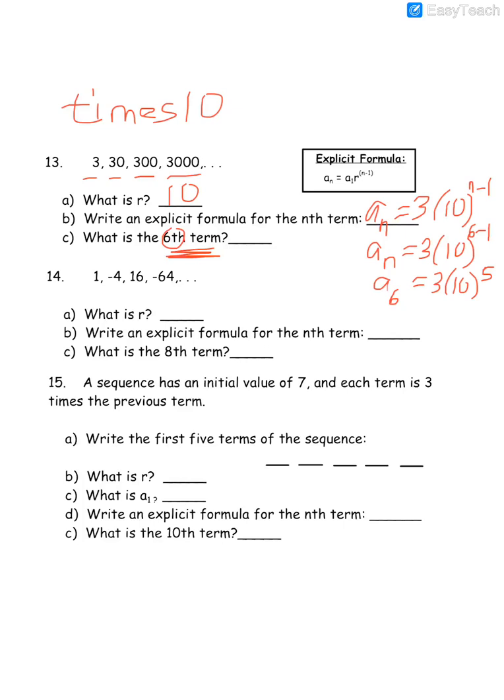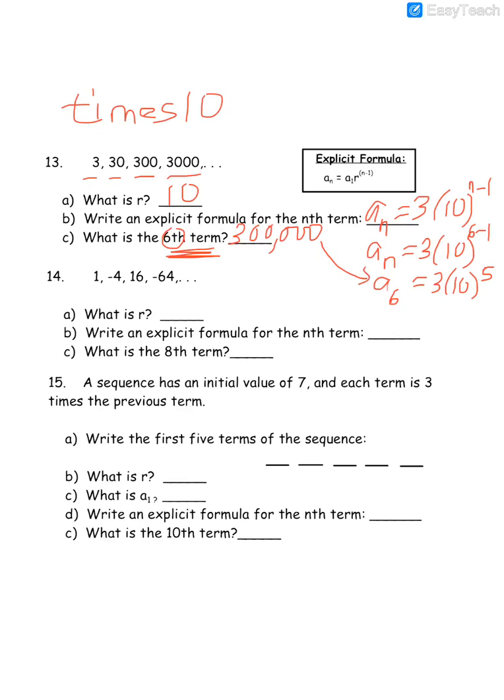So now I'm going to go into my calculator and plug in 3 parentheses 10 close parentheses caret 5, and hit enter, and it's going to tell me that the sixth term is 300,000. And you can probably figure that out. If I took this and times this by 10, it'd be 30,000. Times that by 10 again, it'd be 300,000. So that one wasn't terribly hard, but you're going to learn to use this formula down here.